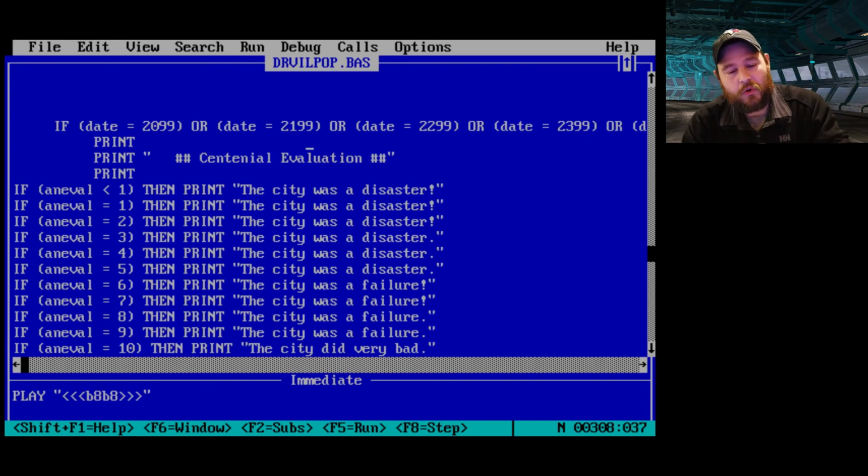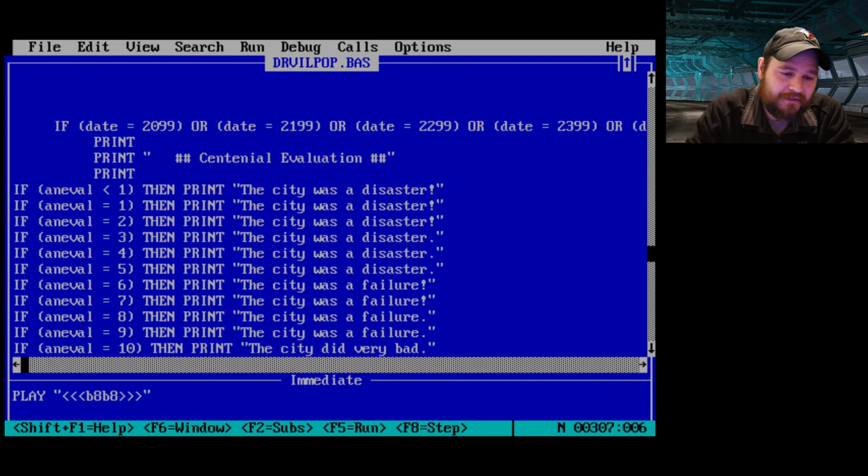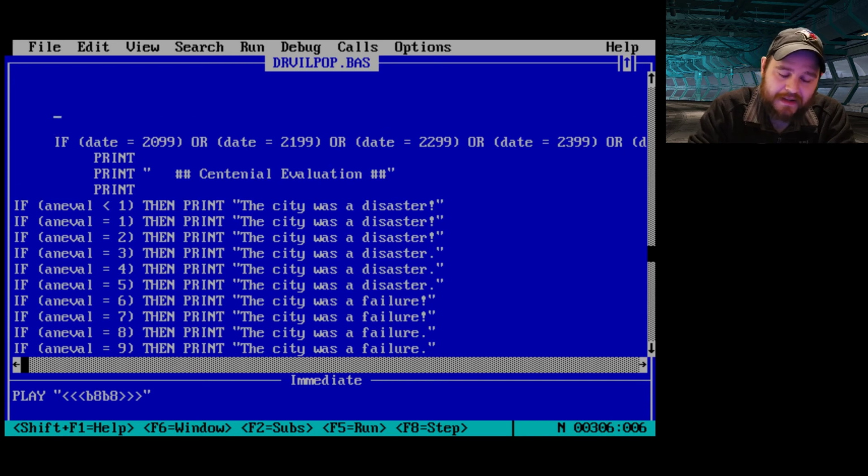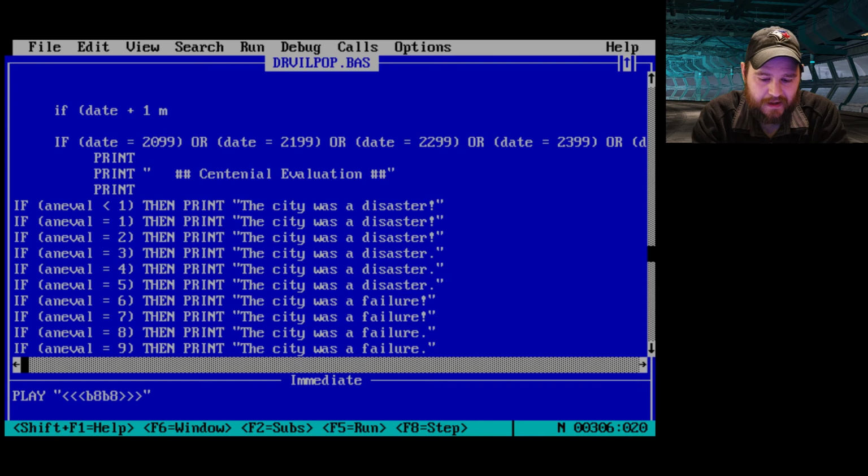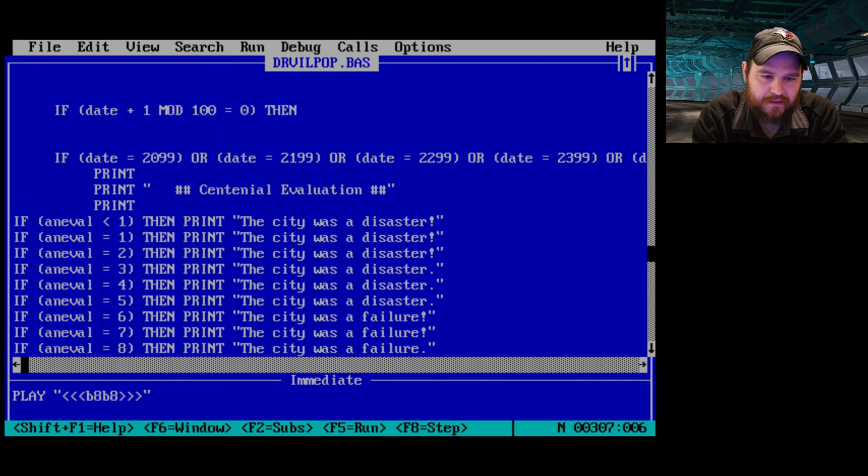So what you could do to fix this top if statement, you want to know if it's 1 less than an exact multiple of 100. So what he could have done, and I did not expect him to have known this, but you could say if date plus 1 mod 100 equals 0, then.